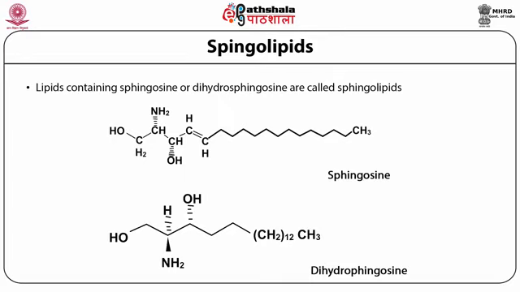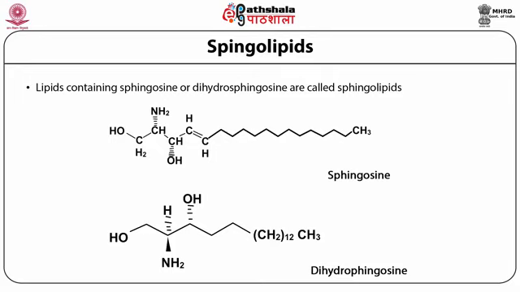Next, let us look at the sphingolipids. Sphingolipids are also part of membranes. In most sphingolipids, sphingosine, which is a C18 amino alcohol, has trans configuration.